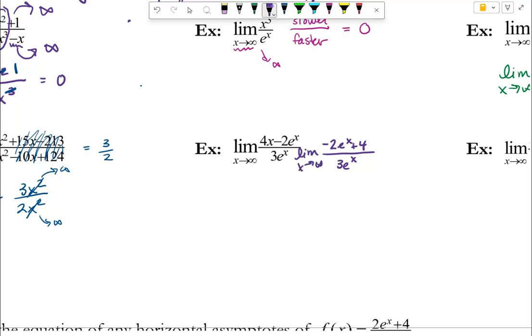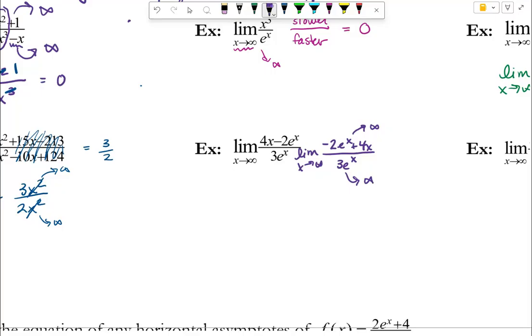All right, so again, as we plug in positive infinity, the numerator and the denominator are going to blow up. So I have -2e to some huge number plus 4 times that huge number, divided by 3e to some huge number.